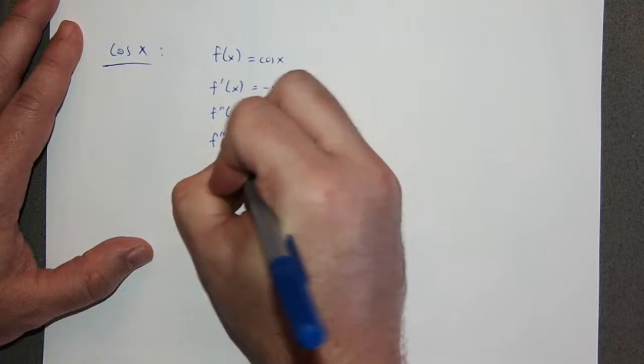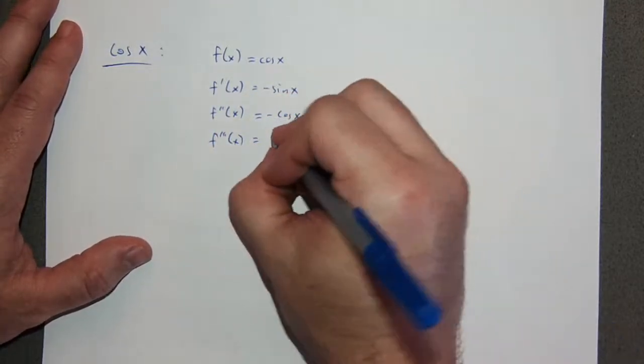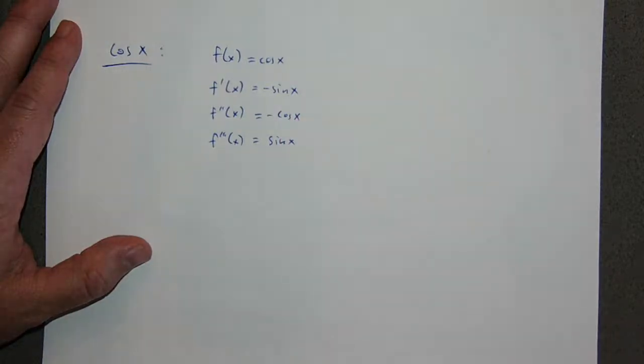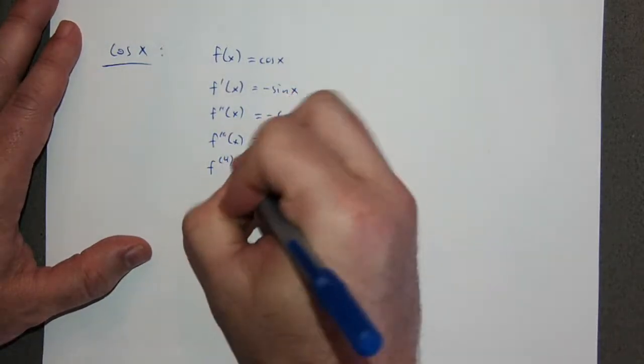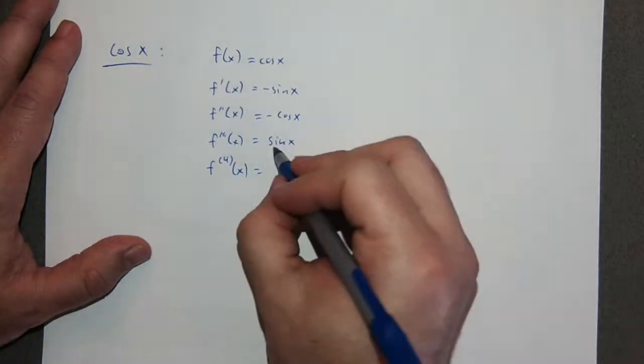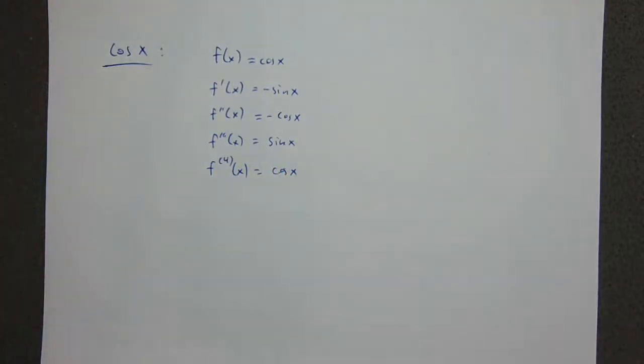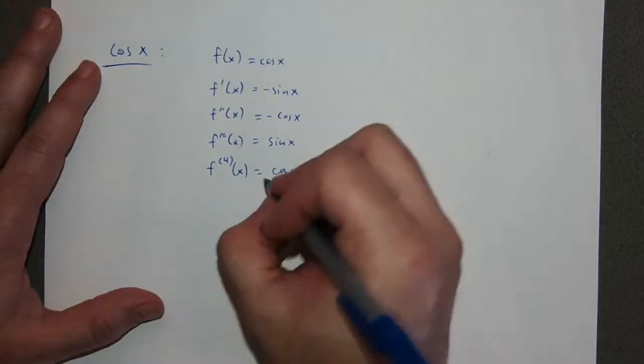And f triple prime of x: the derivative of minus cosine x is minus sine x, so this is sine x. And my quadruple derivative is the derivative of sine x, which is just cosine x, so I'm back to cosine x, and it repeats after that.